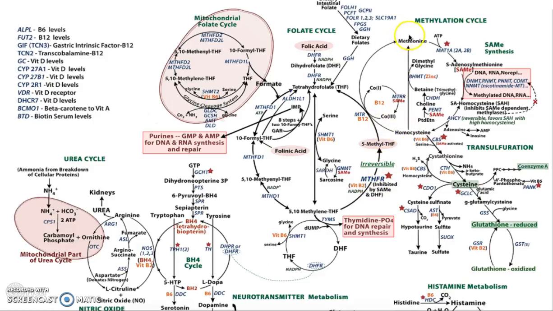What I also like about this is it shows you all of the products that play in and out of all these cycles. So you can see how when there's a blockage in one area, it's going to block something in another area, and you're going to have products building up, and it can cause systemic problems in the body.